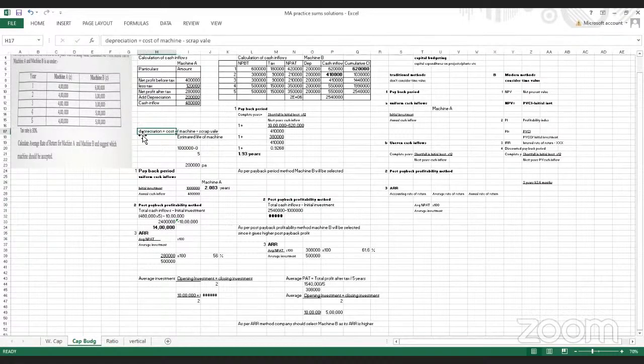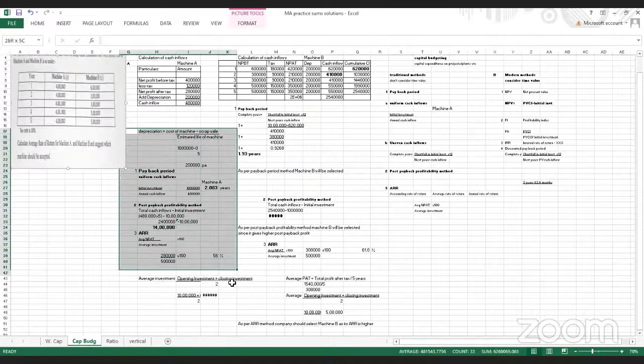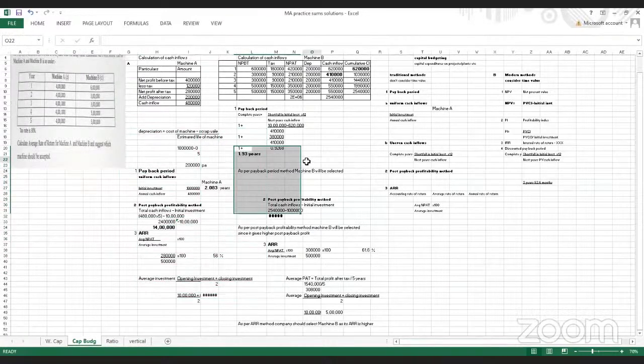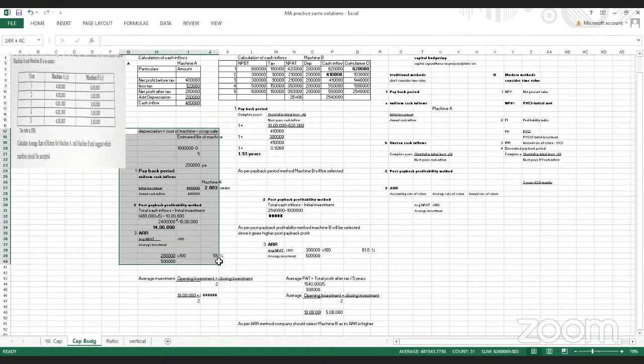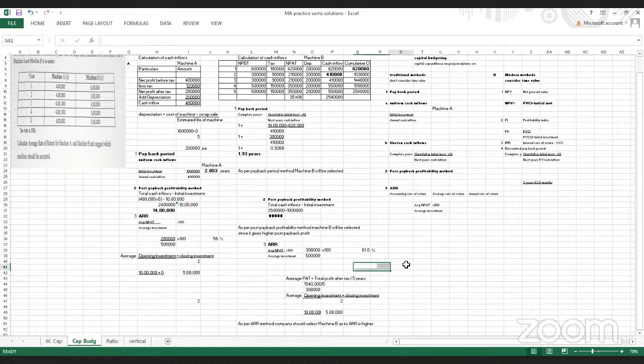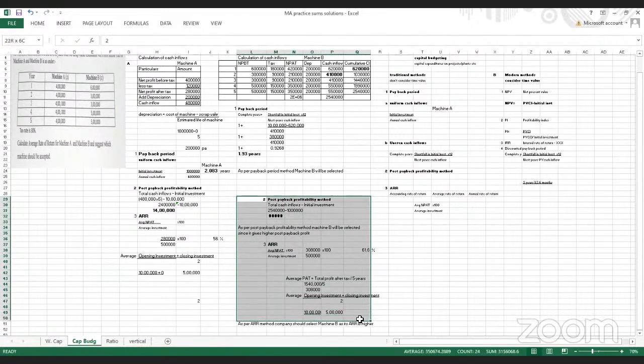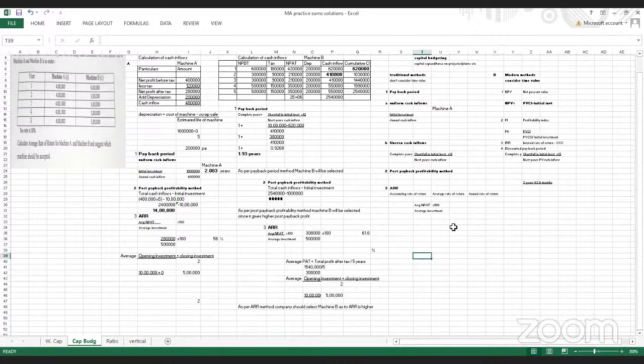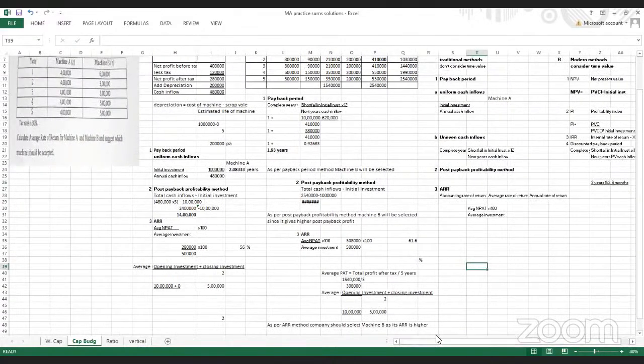Shift everything little up. Okay, sure, you can take a screenshot if you want. I hope you have understood.